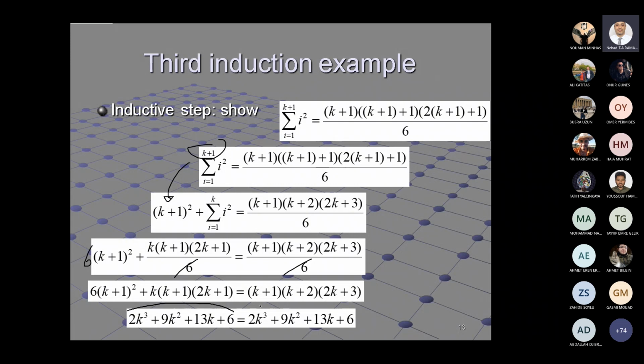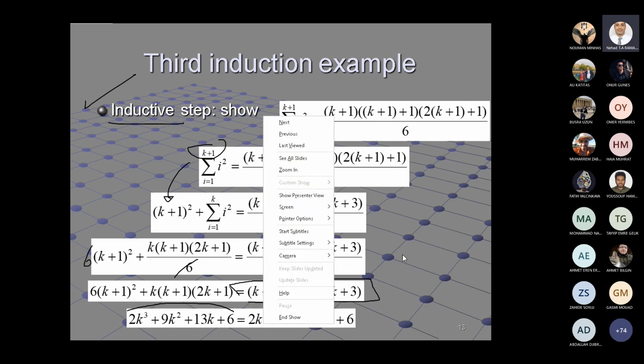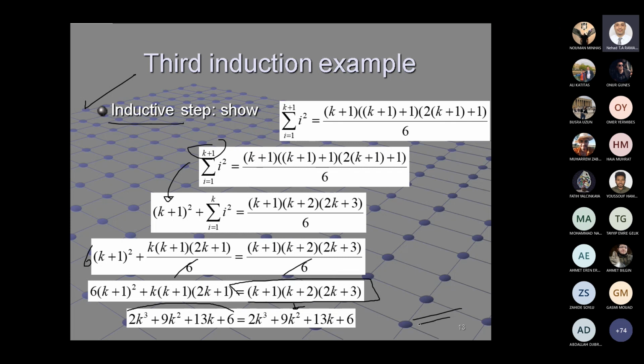This is the left-hand side. And when you calculate this right-hand side, it will give you this result. If you look, left-hand side and right-hand side, same. So the inductive step, it's true from the inductive hypothesis, and the base case is true. So that's all. We prove our example.